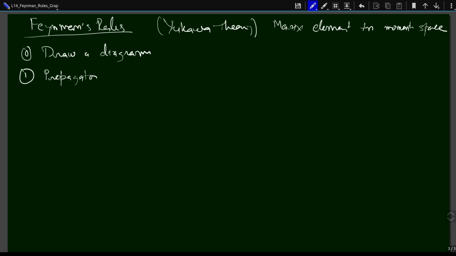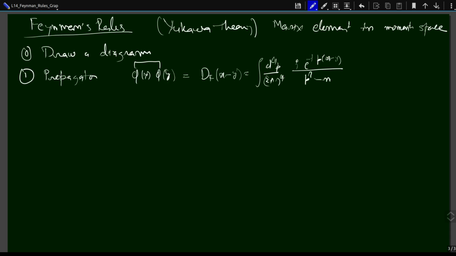So first of all, when I talk about the propagator, it is phi of x, phi of y. Whenever you see this contraction, this is D_F(x minus y), defined to be the integral d4p by (2 pi) power 4 of i exponential minus i p (x minus y) divided by p square minus m square, where m is the mass of the scalar.